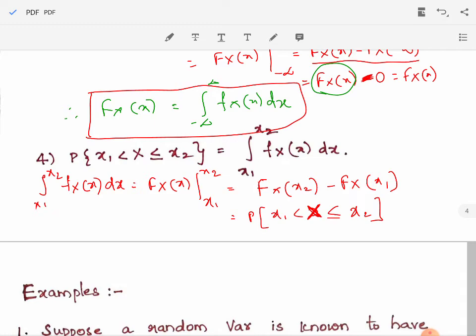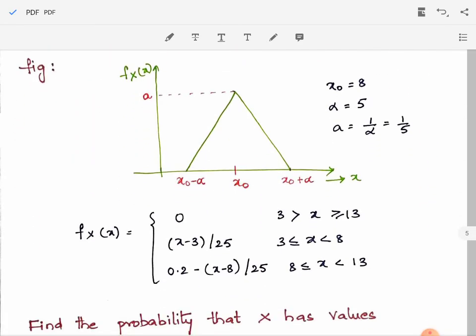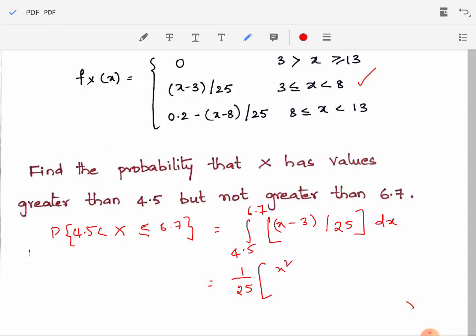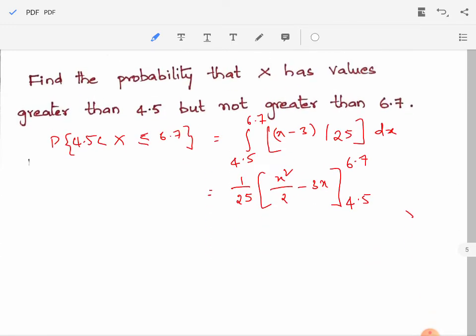Substituting the values in this property, we take the integral from 4.5 to 6.7, because in this range the density is valid, of (x minus 3)/25 dx. Solving this simple integration, taking the constant out, 1/25 times [x squared by 2 minus 3x] with limits 4.5 to 6.7. This is equal to 0.2288.